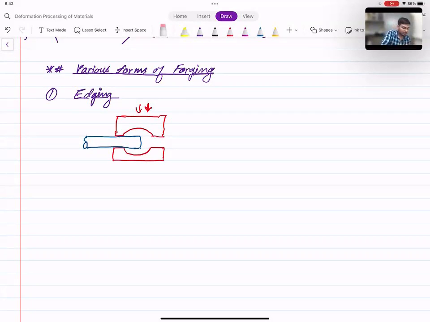Let us say after closing, how it will appear. Suppose these were the dies.